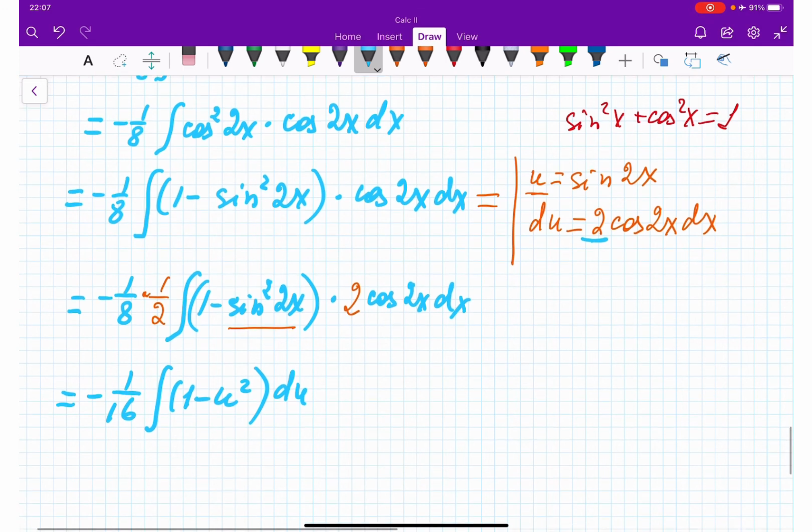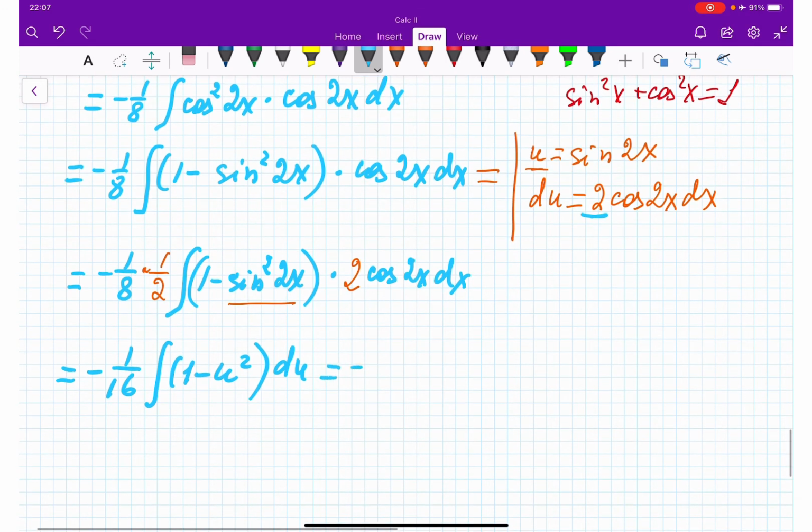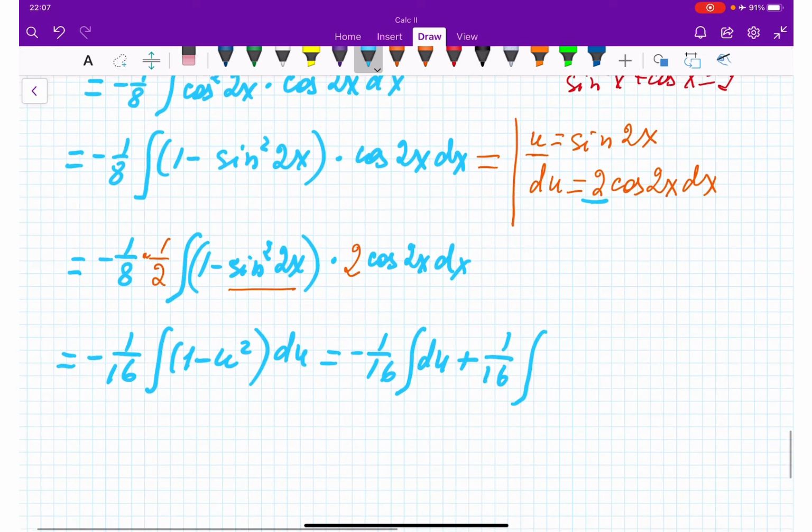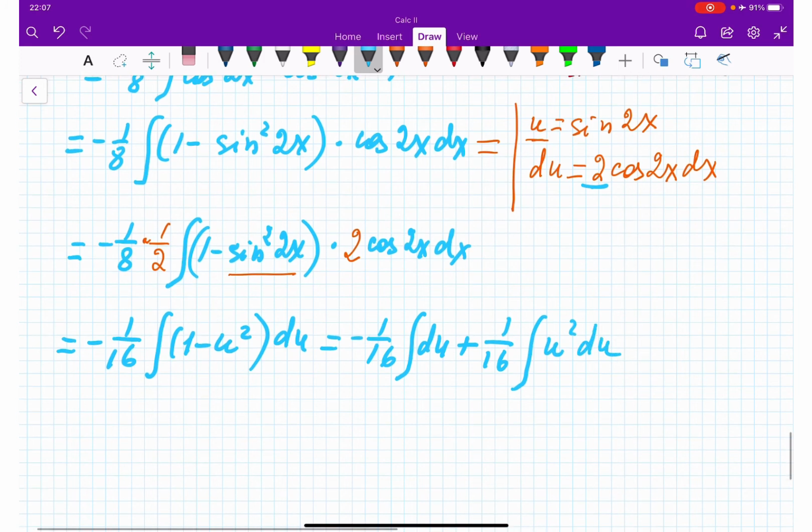And I'm getting negative 1 over 16, separating, integral du plus 1 over 16 integral u squared du. Beautiful. So we are getting negative 1 over 16 u, plus 1 over 16 times u cubed over 3.